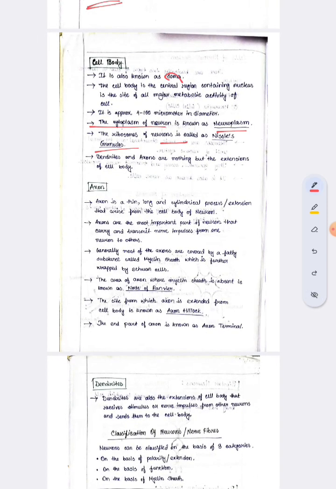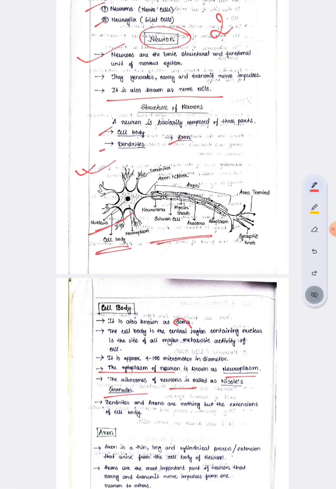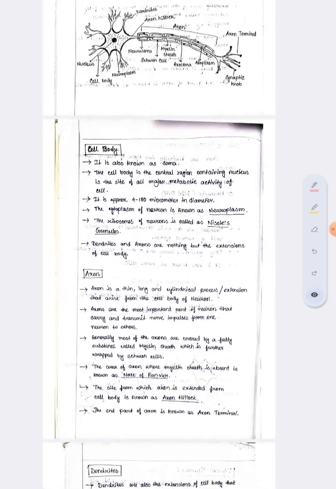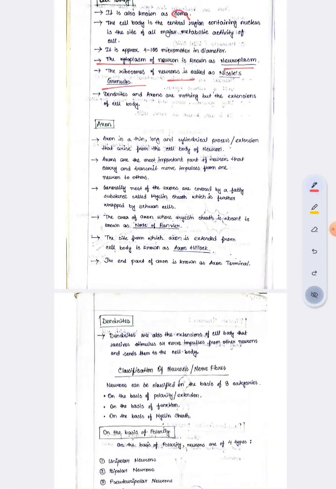Now coming to the axon. Axon is a thin, long cylindrical process or extension that arises from the cell body of the neuron. We are seeing this. This is the axon. The area of axon where the myelin sheath is absent is known as node of Ranvier.